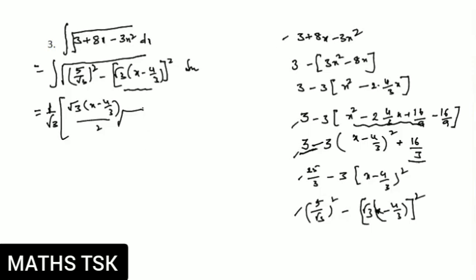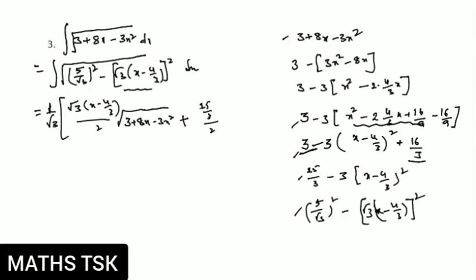So I can write it as 3 plus 8x minus 3x square plus a square by 2. A square is 25 by 3.